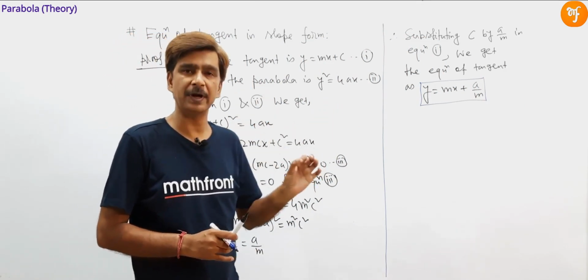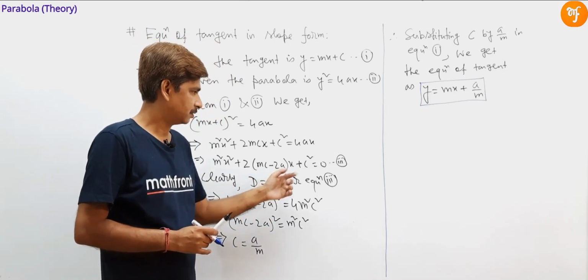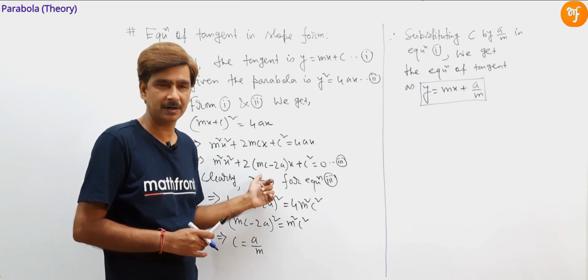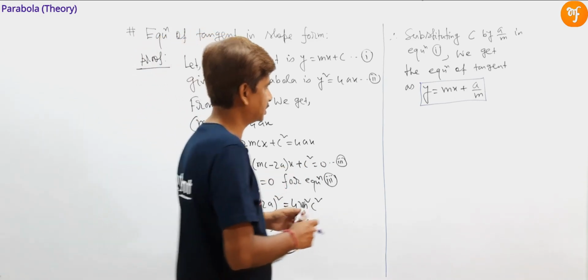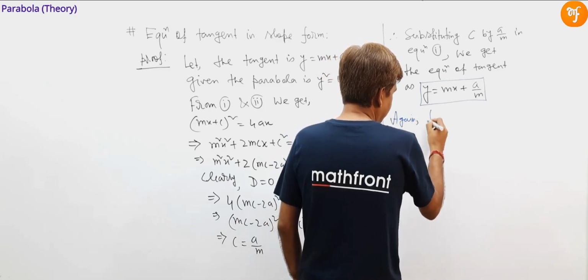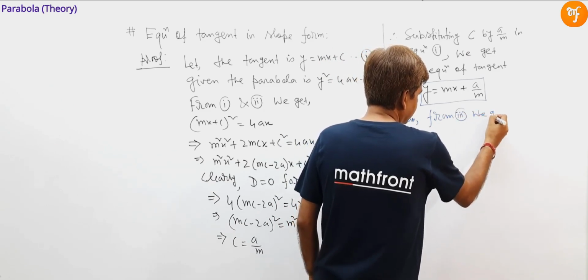Now, to find the point of contact, from equation 3, we will find the x coordinate of the point of contact. So, how? Again from equation 3, we get what?